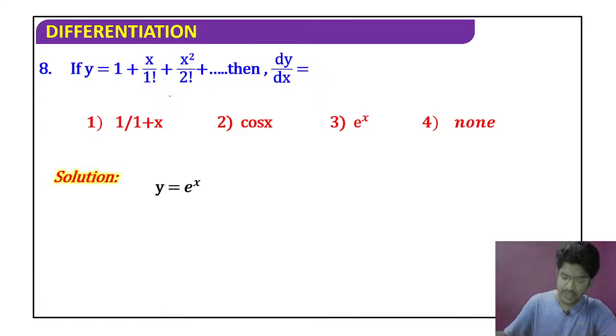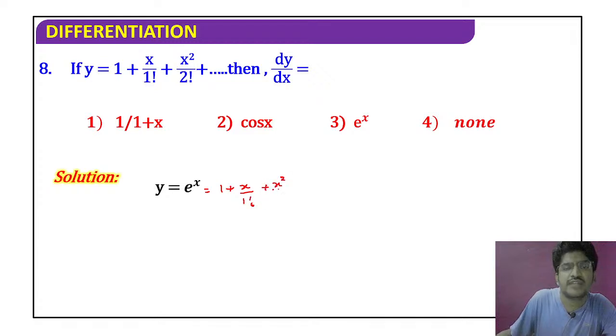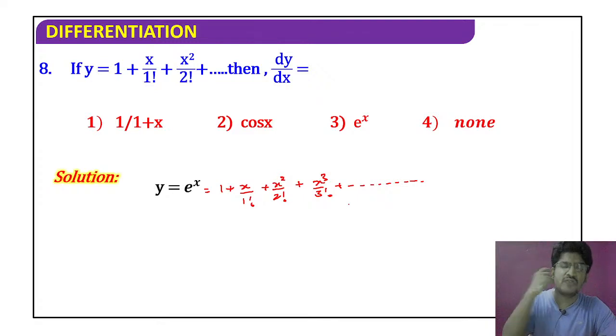So my dear students, you see y equal to e raised to x means e raised to x is nothing but x divided by 1 factorial, x square divided by 2 factorial plus x cube divided by 3 factorial plus so on. If you know the expansion of e raised to x, then it is just one second, because you know that the differentiation of e raised to x is e raised to x.